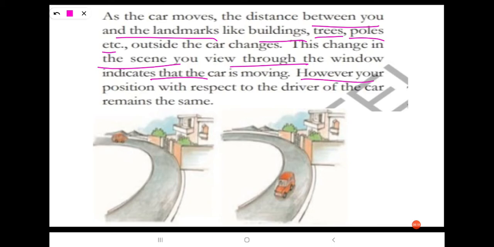However, your position with respect to the driver of the car remains the same. Your position and the driver's position remain the same. There is no change in the position of you and the driver. With respect to surroundings like buildings, trees, poles, etc., the car is moving, right?